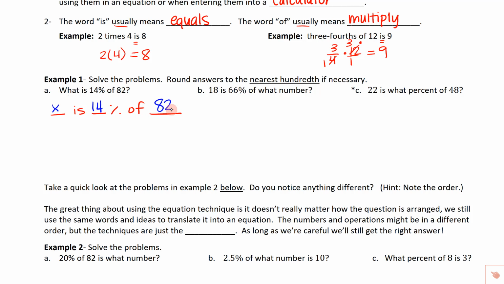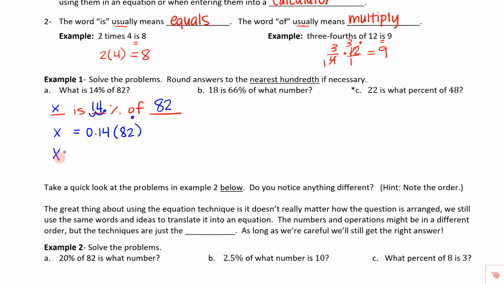Now let's make an equation out of this. X equals, is means equals, 14%. Well, if we're going to write an equation, we need to change this 14 to a decimal. So remember, to do a percent to a decimal, we move the decimal over to the left twice. So 14% is actually 0.14. Of means multiplication, so we're going to do 0.14 times 82.